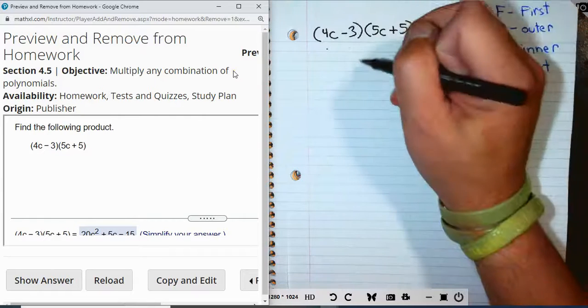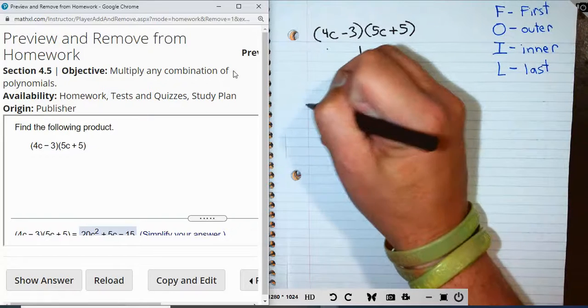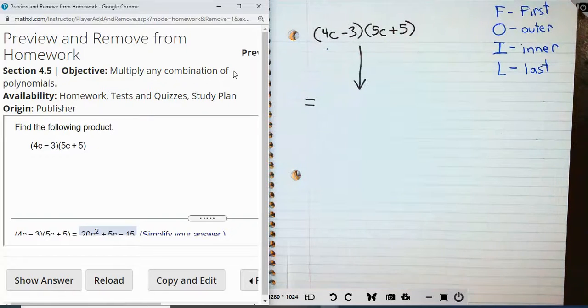I'm going to move the next step down a little bit to that position right there. All right, and then I'm going to do a couple of things here. I'm going to draw some arrows. I'm not a big fan of drawing arrows when I FOIL, but if that helps, feel free to do that.